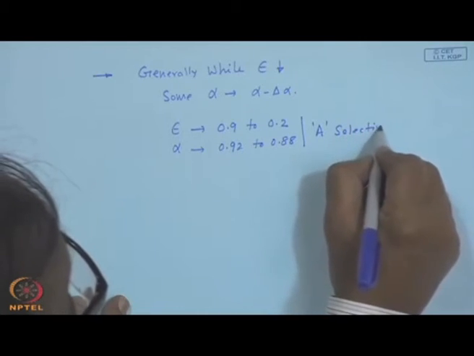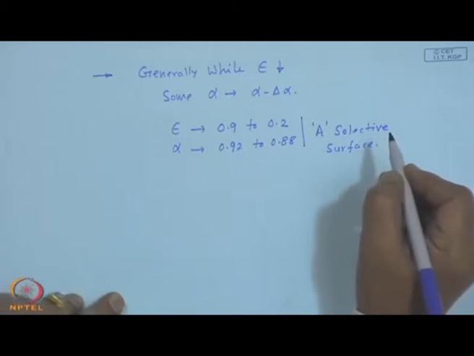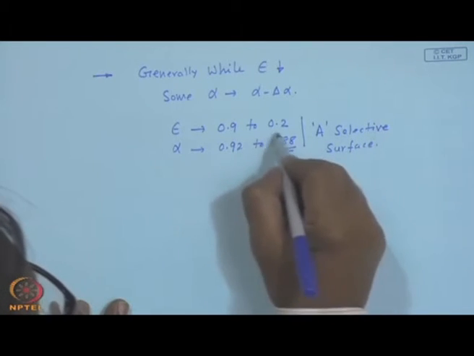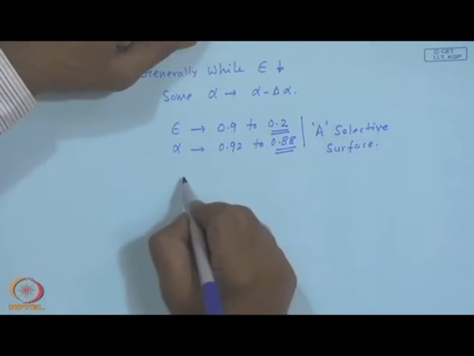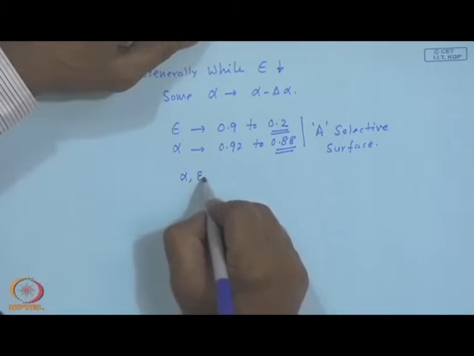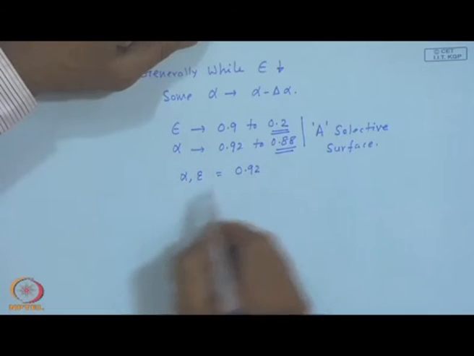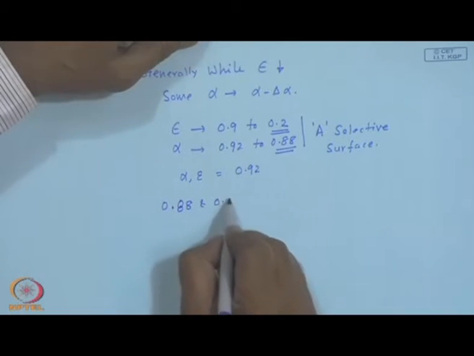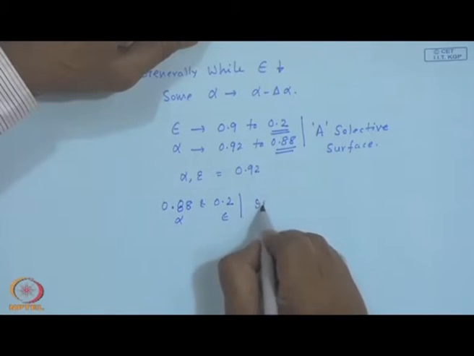No doubt it satisfies the criteria that alpha IR is low, solar is high and epsilon IR is low. But if you consider the original thing, that would have been alpha and epsilon both 0.92, is this 0.88 and 0.2 epsilon, is this better?